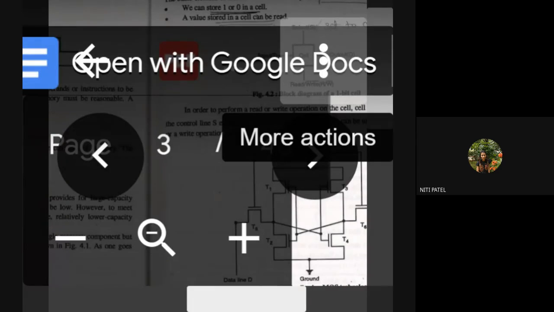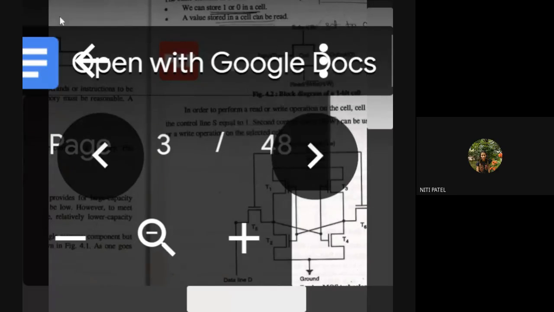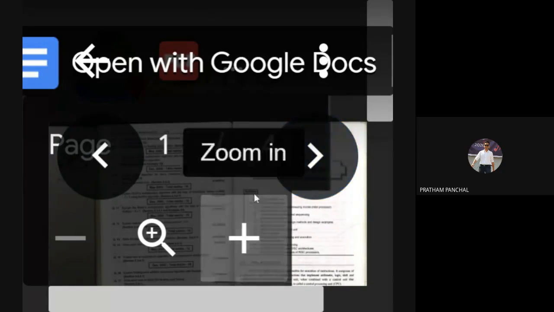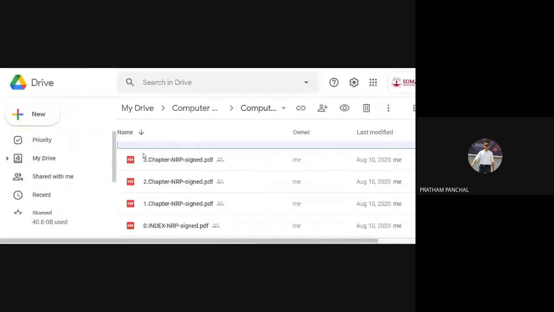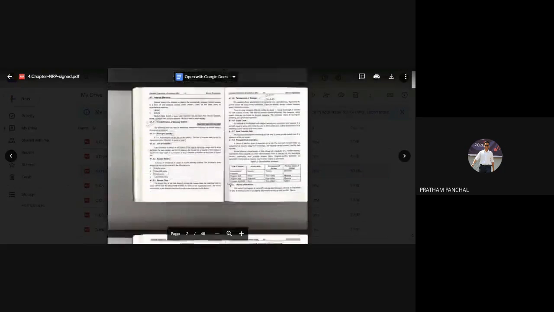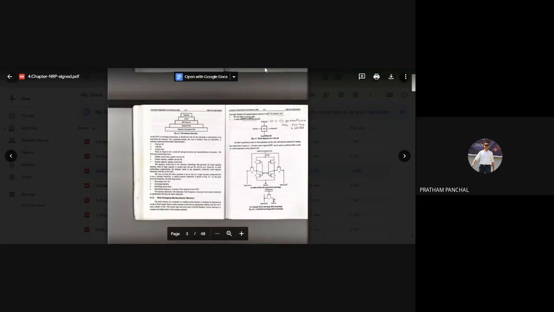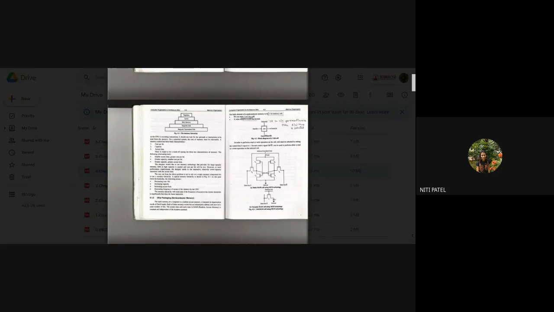The input line allows you to give your input, whatever program or instruction. Now you have an input line, an output line, a select line, and a read write line.